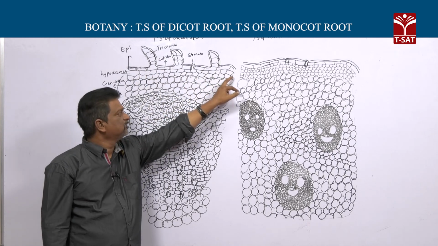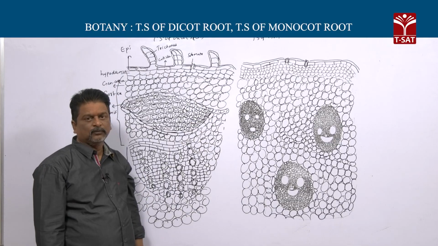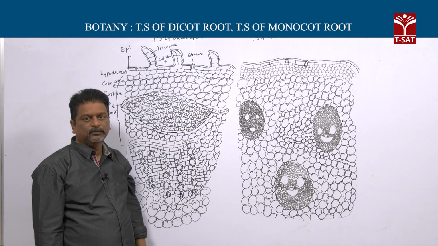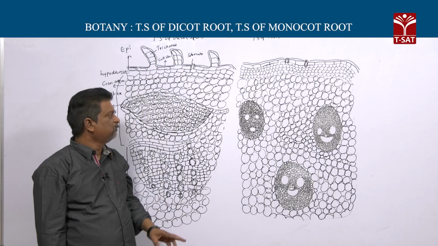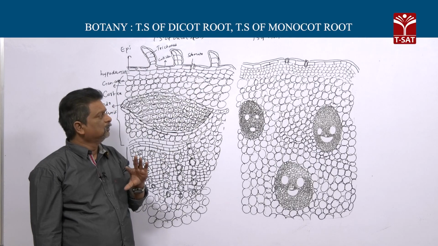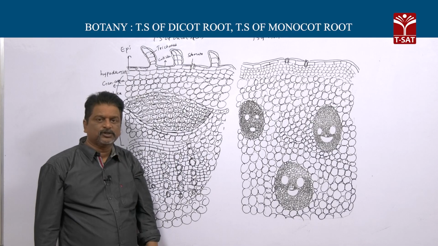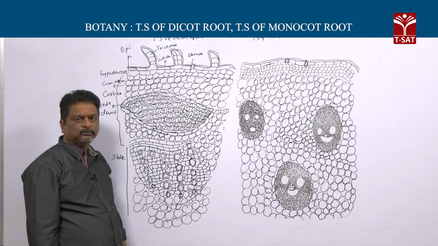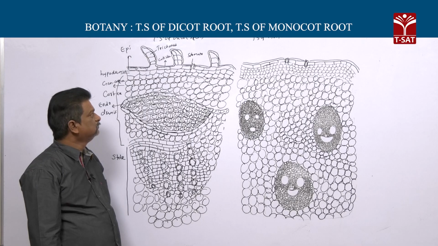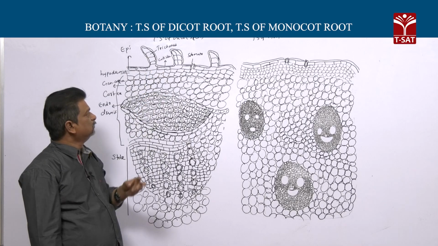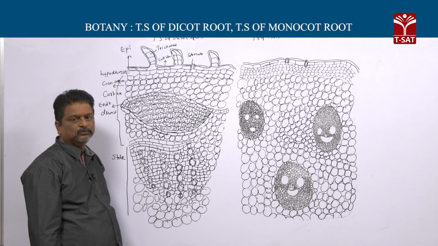It forms a continuous layer. And in cucurbita, it is opposite. In cucurbita, collenchymatous hypodermis forms a discontinuous layer.